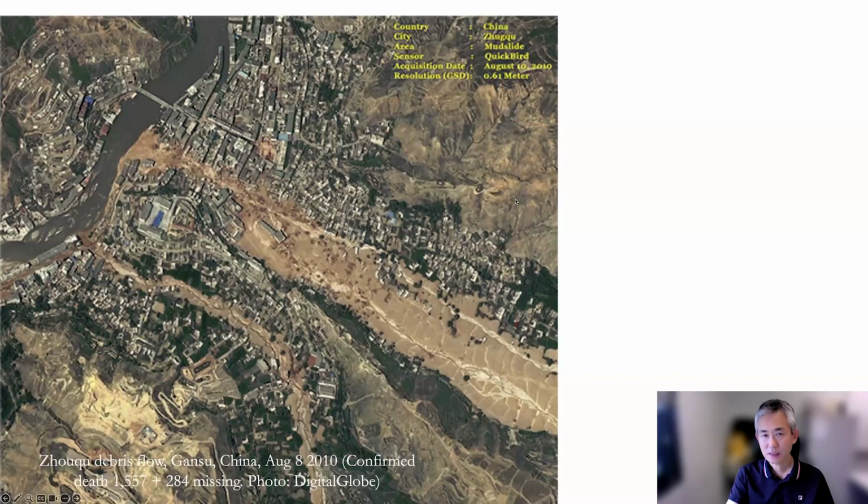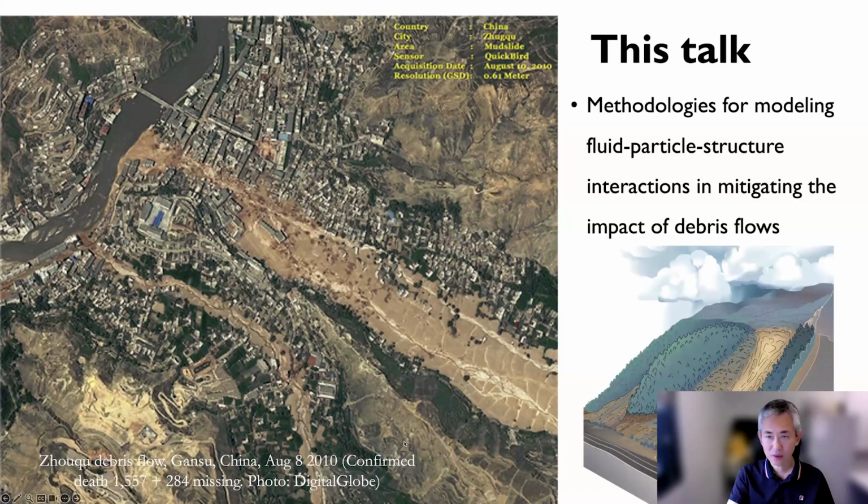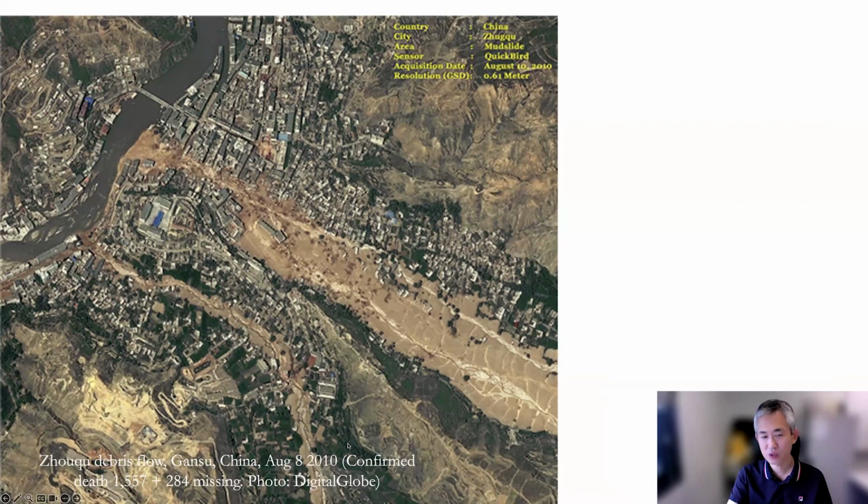And this is another satellite image taken by Digital Globe of the Zhouqu debris flow that happened in China back in 2010, and that one killed more than 1,500 people here.